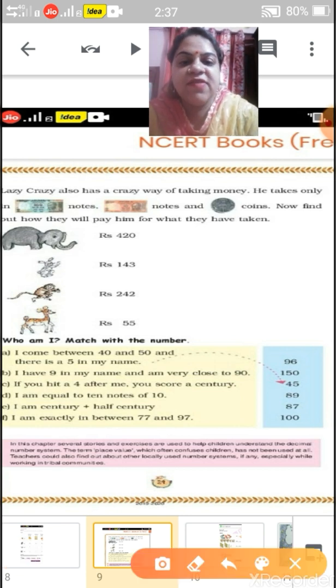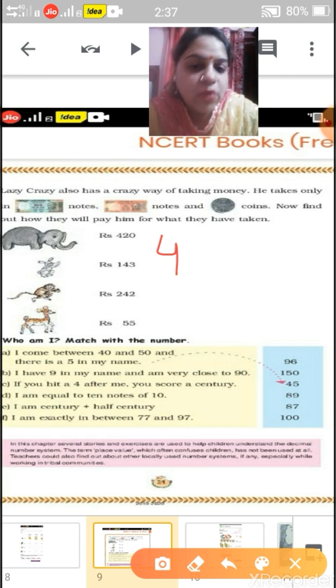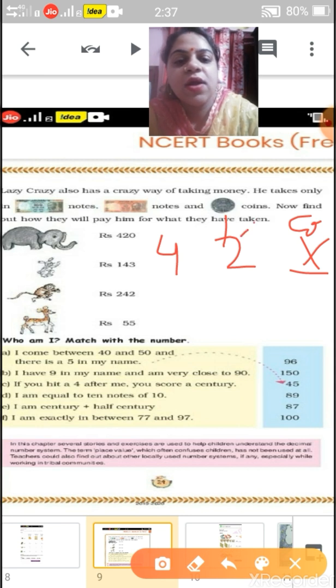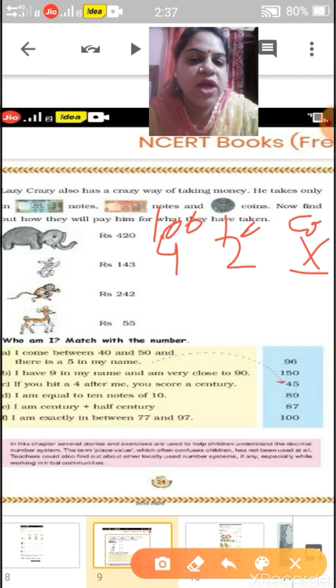For example, I am giving you 4 notes of 100, okay children, that is 400. 10 notes they were using 2, and for coin they were using nothing, okay, because this is a coin I am making you, this is a 10 rupees note and for example this is a 100 rupees note. You will draw 100 rupees 4 notes in front of here.